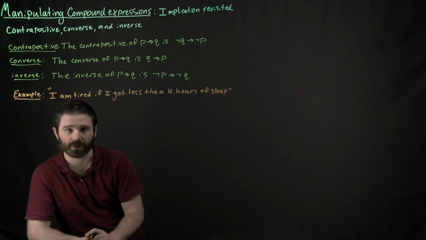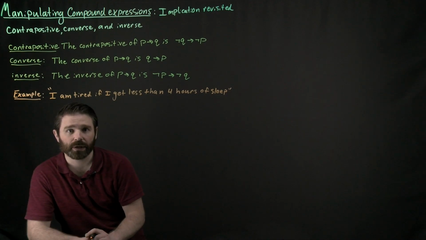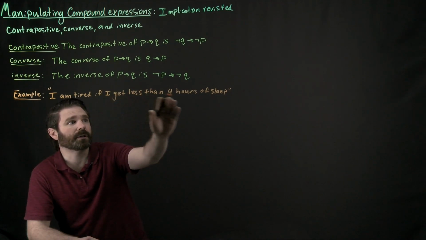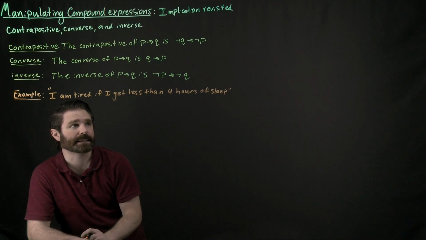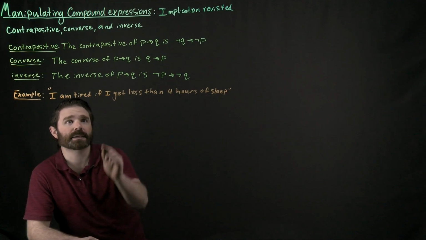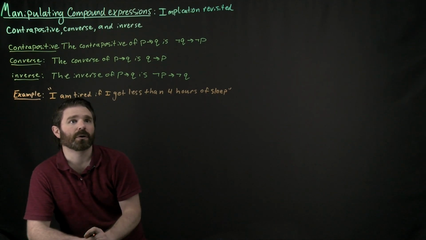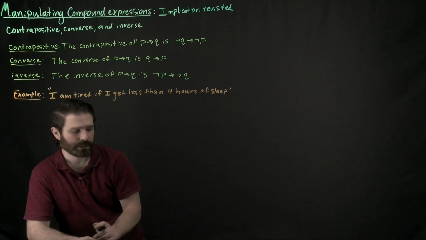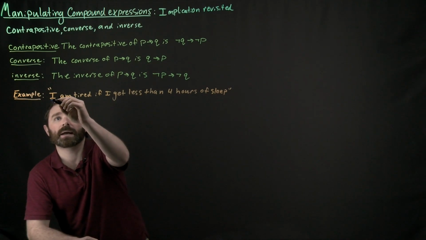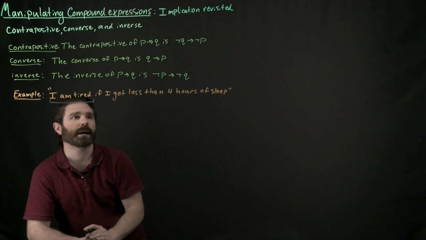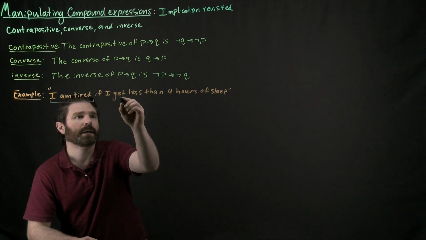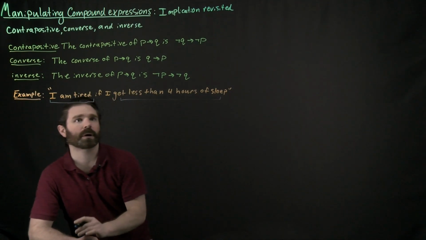converse, and the inverse. To be able to do that, though, I first have to find the logical expression of this original statement. Here I can see this little "if", so I have basically two pieces: I am tired, and getting less than 4 hours of sleep.